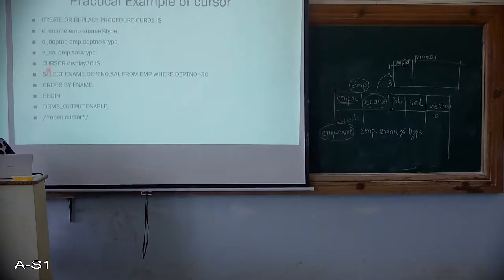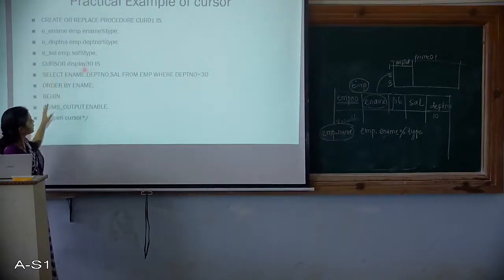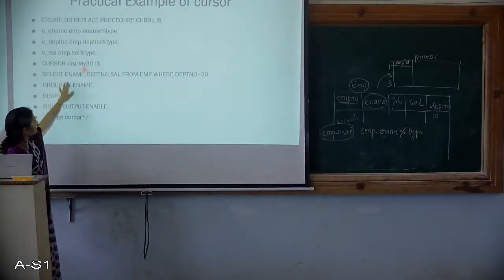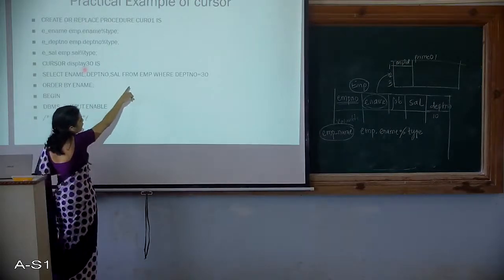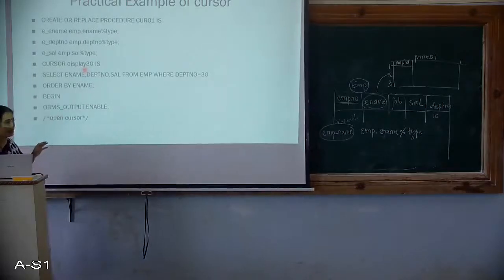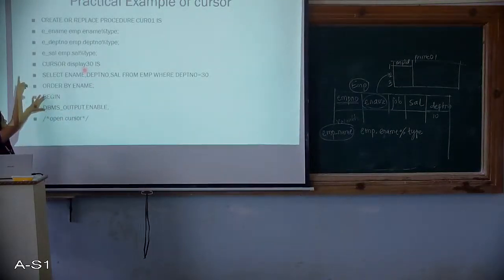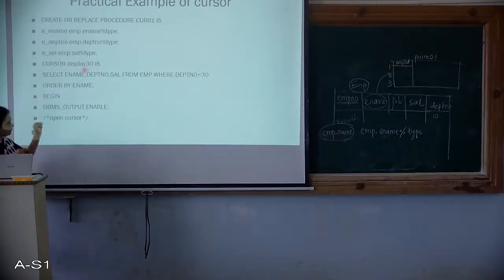Similarly, salary is the type here. Now look at the definition of the cursor, cursor display 30. What is the name of my cursor? Display 30 is. So what is the select clause here? Select employee name, department number, salary from EMP, where department number is 30. This is a simple SQL query. Order by employee name. That was the top part of the stored procedure.